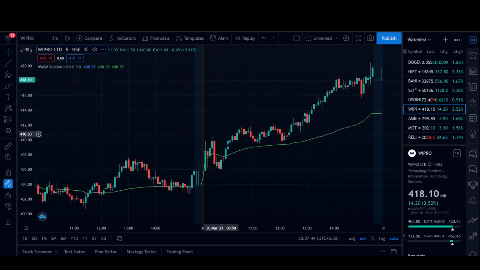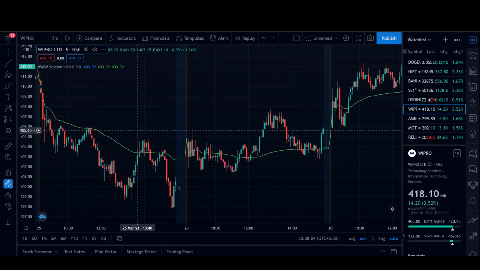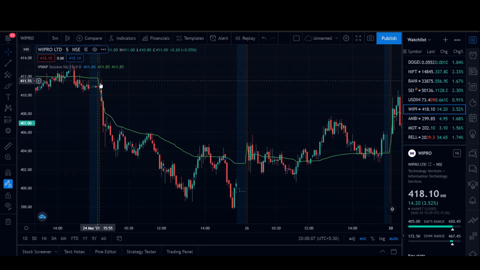Hey guys, so now I'll be showing you how you can set up and take trades based on the VWAP indicator. As I said, the VWAP provides support and resistance to stock prices, as we can see right here. The stock price, Wipro, has fallen, and so has the VWAP.